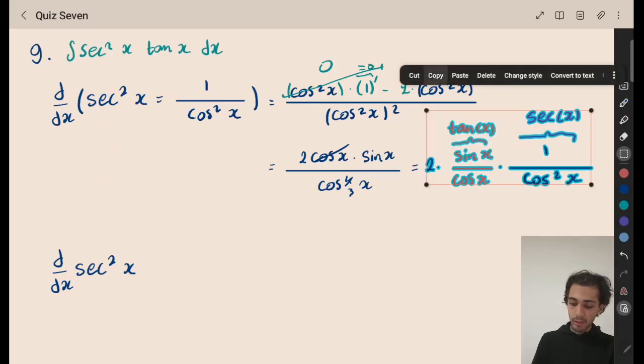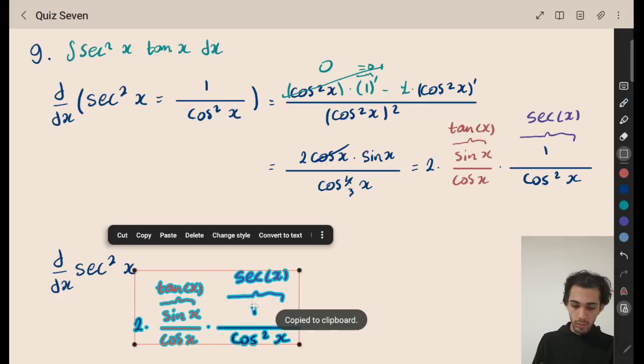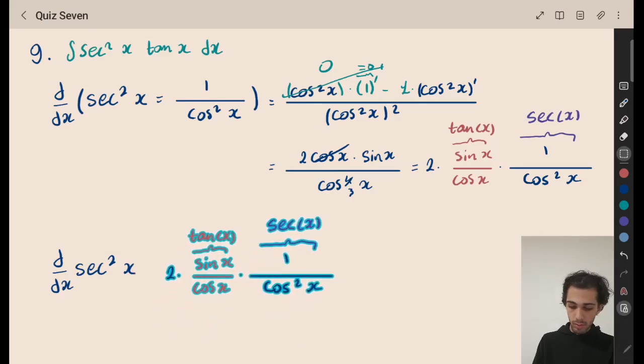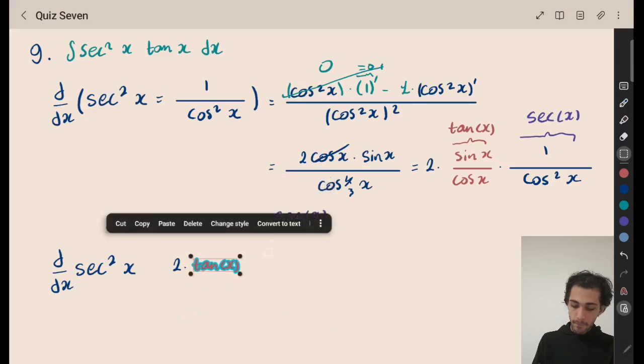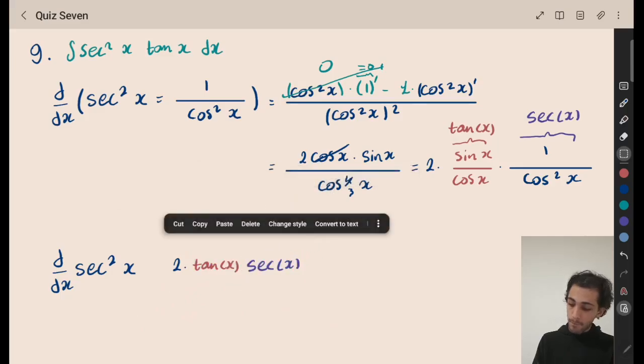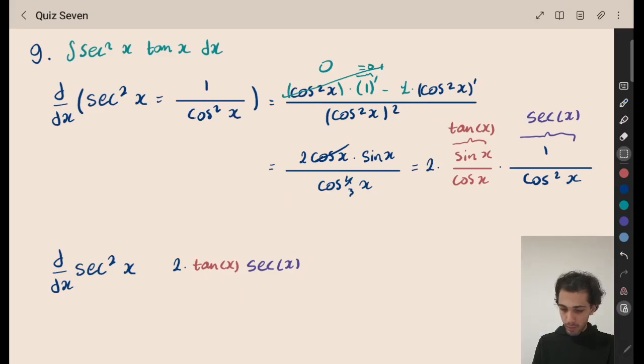So I'll write 2 tan x sec of x. Then what can we do about this?